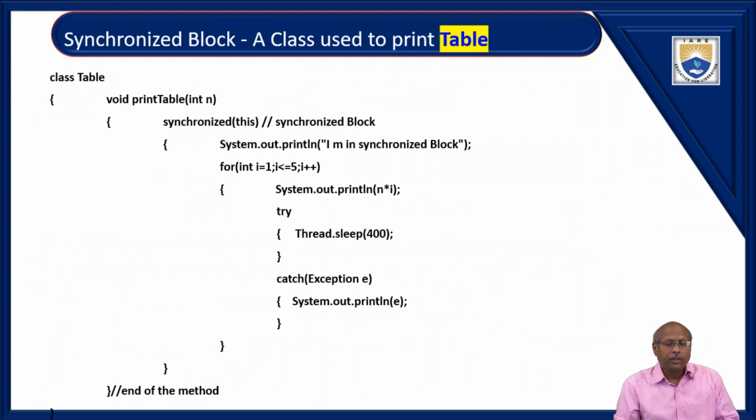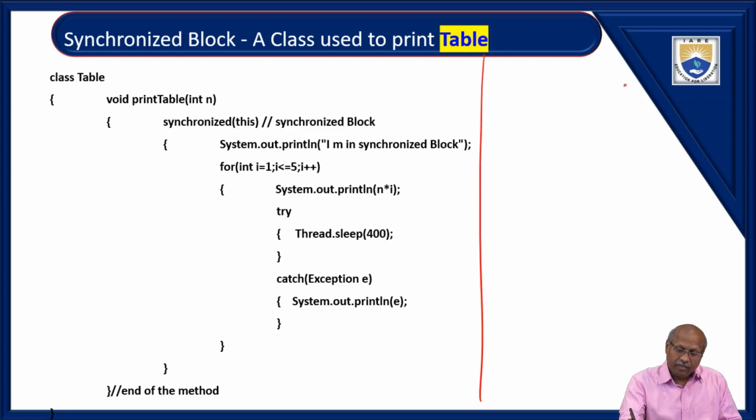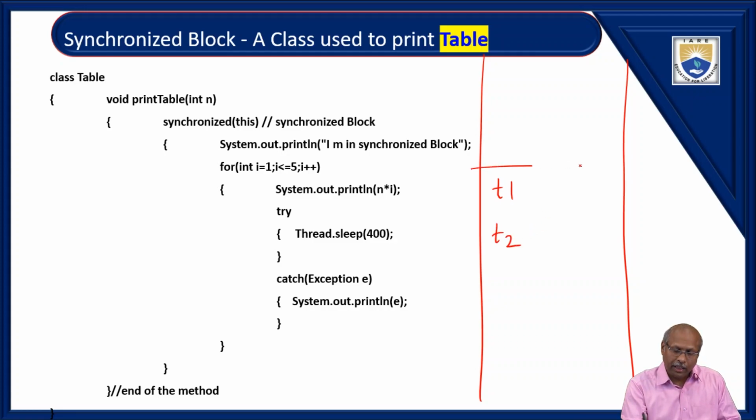Now, we'll see a small program to use the synchronized block concept. Assume I am having a thread T1 and a thread T2. There are 2 threads, T1 and T2, and they want to use a multiplication table.